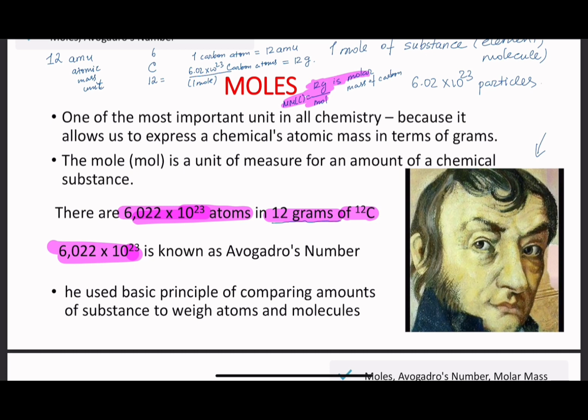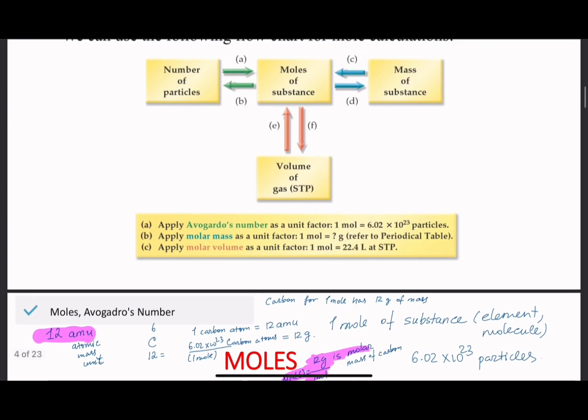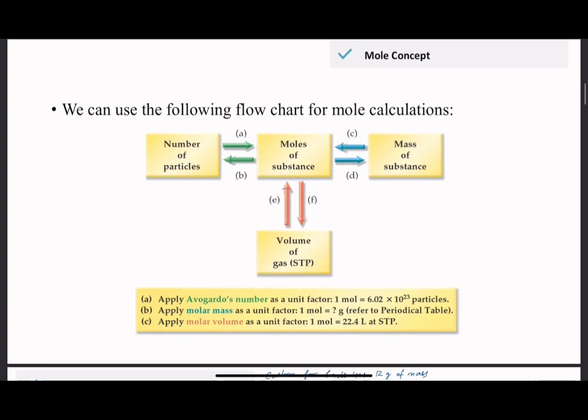So before you used to just say that, okay, atomic mass of carbon is 12, but this time when you look at the periodic table, you're going to say 12 is the molar mass of the carbon. Now, we're going to continue with the formulas. So there are many ways to find the moles.